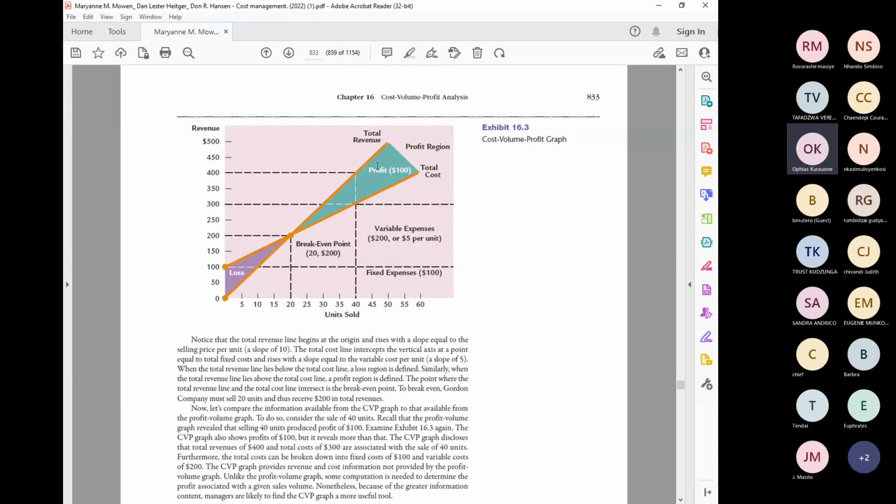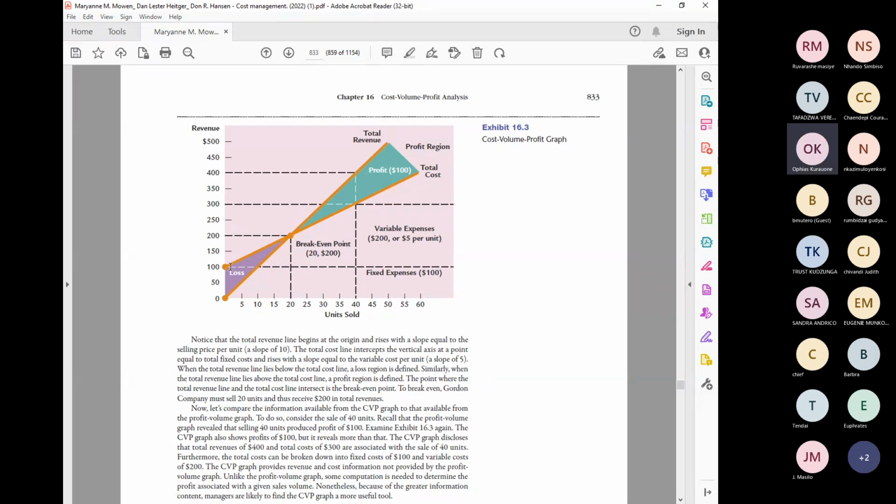Then here we're supposed to create what we call the margin of safety. If you have a break-even point, this one is the profit area, this one is the loss area. Total costs were increasing because of variable costs, though fixed costs are the same, they won't increase.